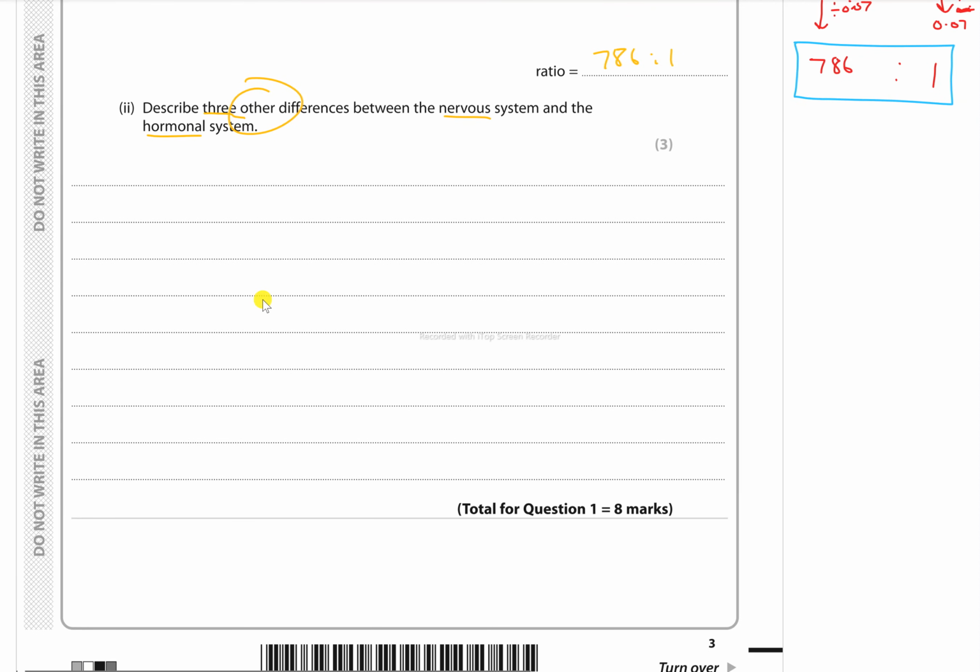So we need to write nerves, nervous system, uses electrical impulses, yeah. I will emphasize this. It says ignore impulses, so whenever you're writing it, write electrical impulses.